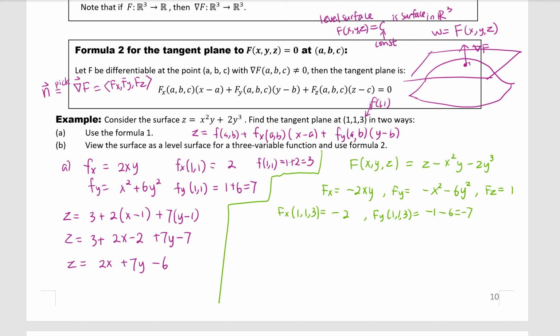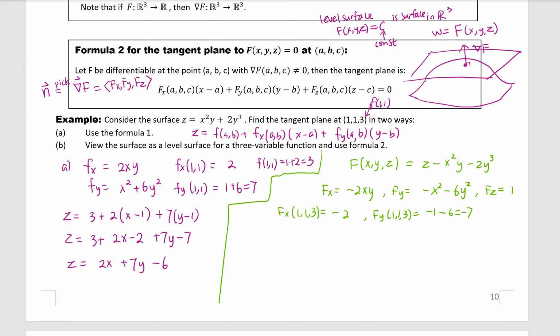And you can see they are actually the same, right? If we move the 2x and 7y to the left, it becomes negative, then we have the same equation. So right now we know two methods to find the tangent plane, and you can use whichever way you want.